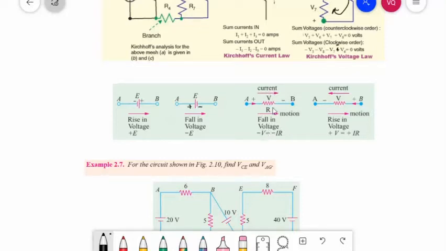So the voltage drop across this resistor is negative, a negative IR. But if your motion is in the opposite direction to the current, you will have a positive sign of your voltage drop in this resistance.